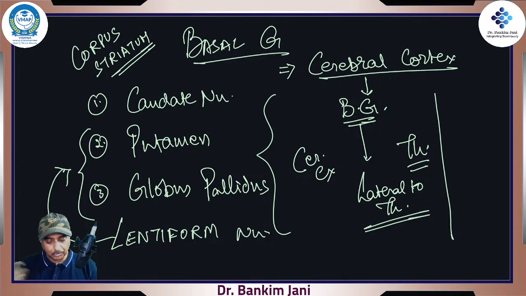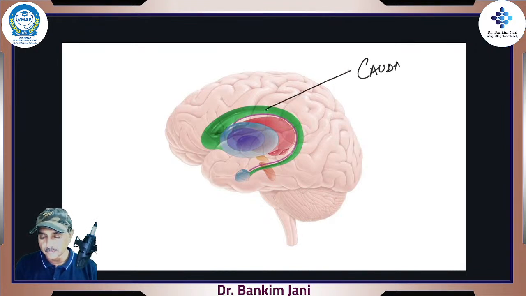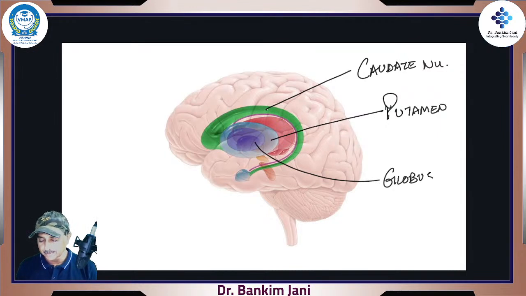What about this globus pallidus? Where exactly is it? See, this is the caudate, here is the putamen, and over here is the globus pallidus.